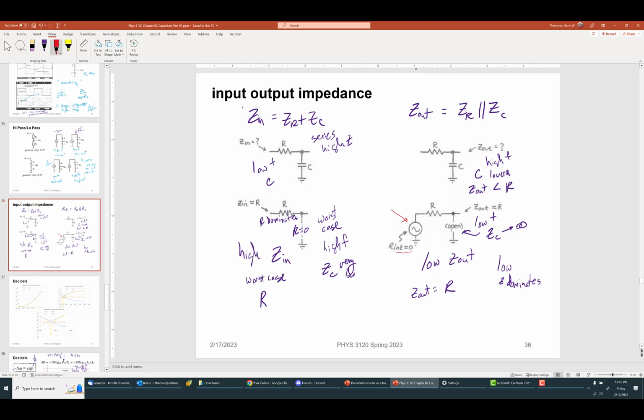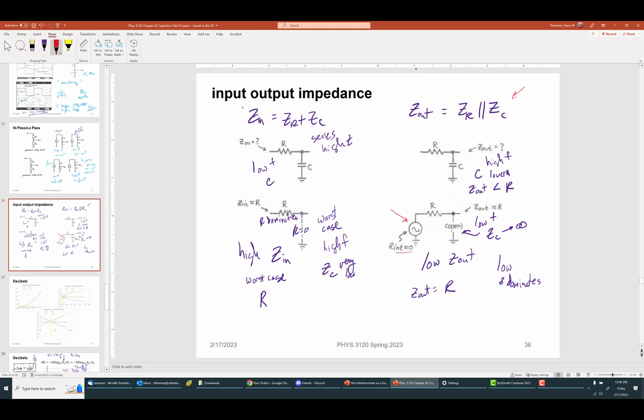But in any case, you might imagine that the Z out has something to do with the order of the two components. But again, it's not true, because you add them in parallel, so it doesn't matter which one is which.